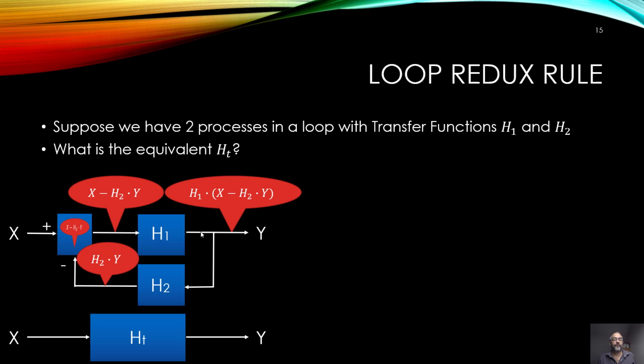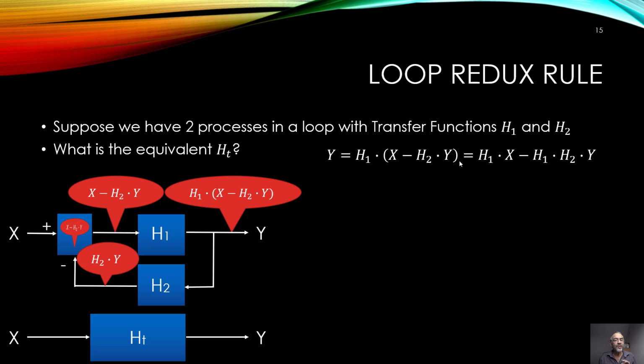It must be this. The output of H1 is H1 times its input, and its input is X minus H2 times Y. And that is the same as Y. So Y is H1 times (X minus H2 times Y).